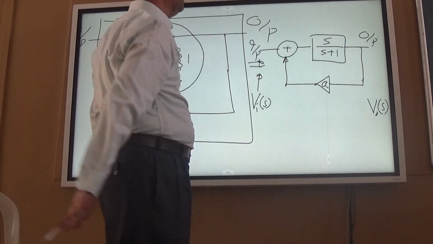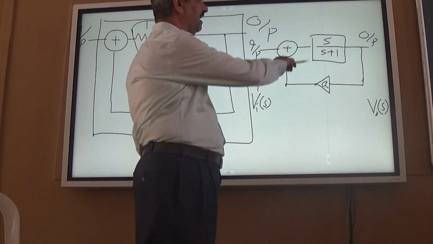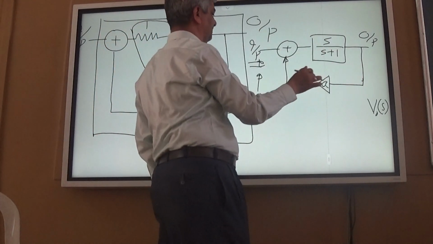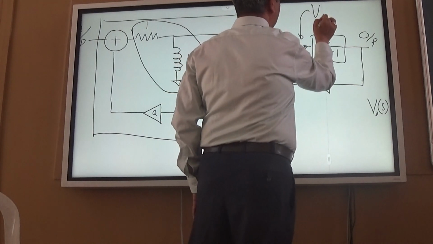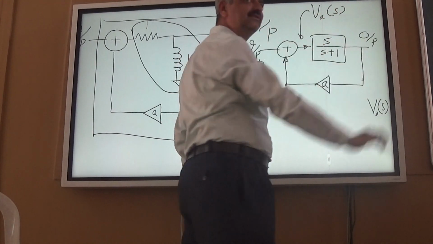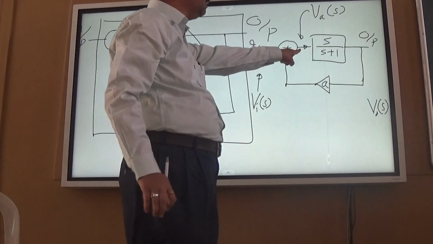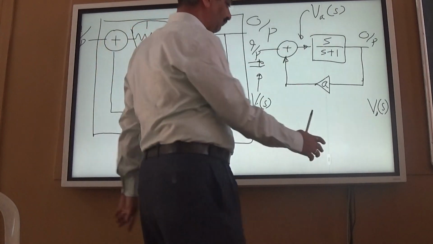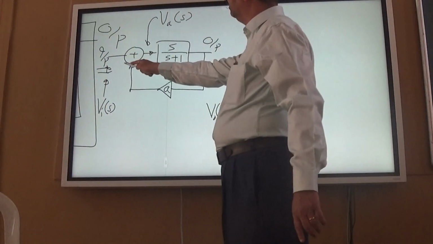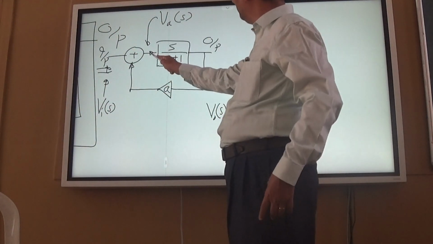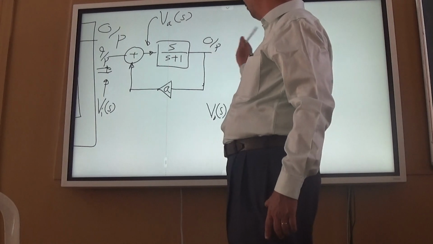So what would be this then? Ultimately it becomes a very simple expression. So I will call this VAS. So we develop further. Input is V in S, this is VAS, this output is VoS.